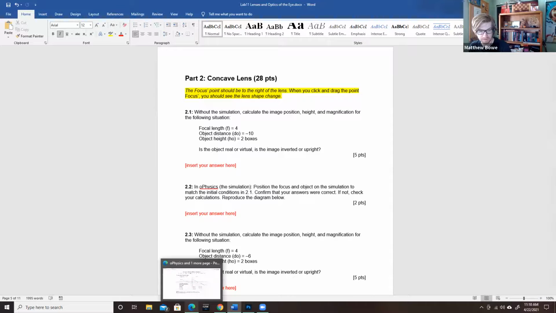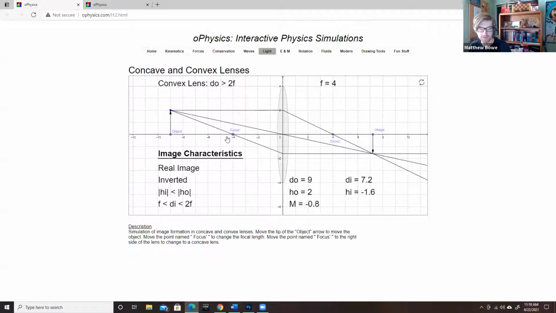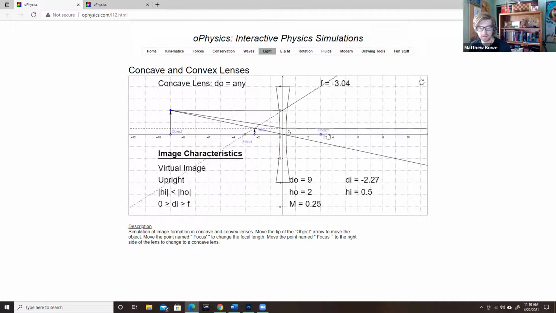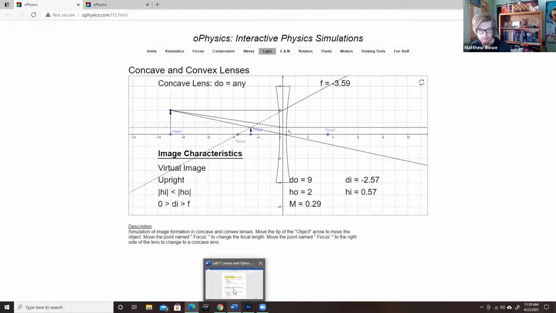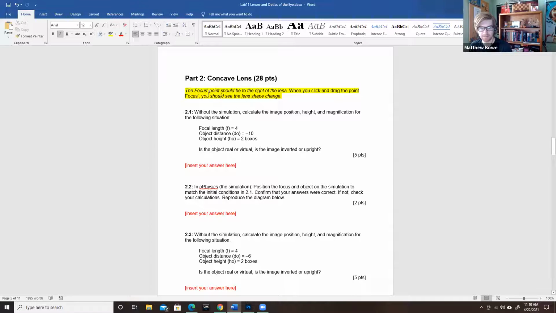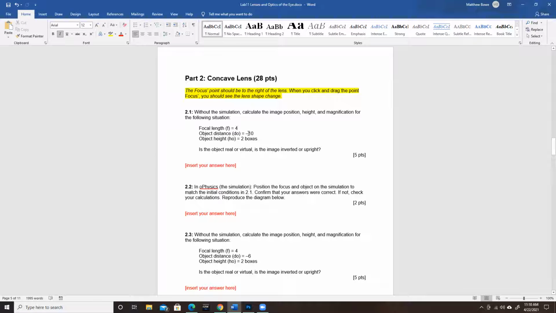So let me go in and check. Focus prime, I would then move over to the right of the lens. And we can see the lens has changed its shape. So now this is a concave lens. Okay, so this is sort of your way to double check. Now focal length f is +4.